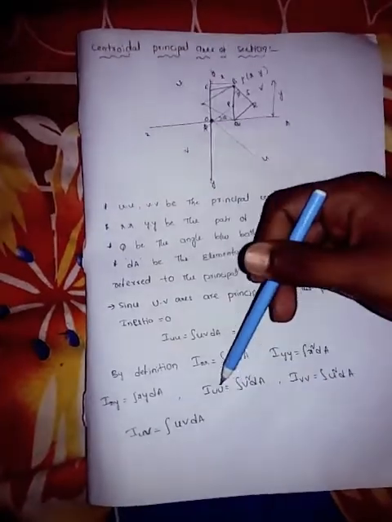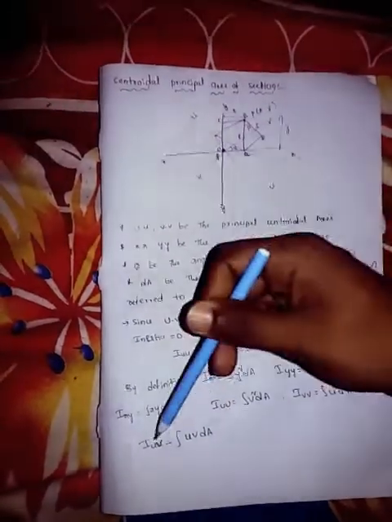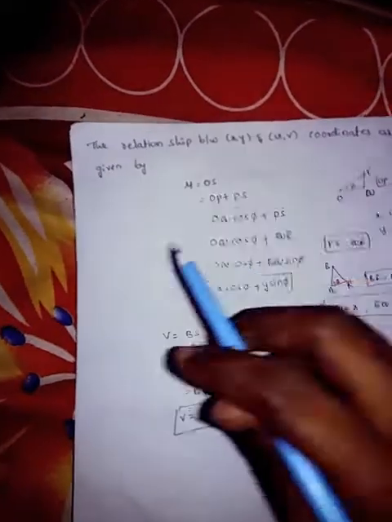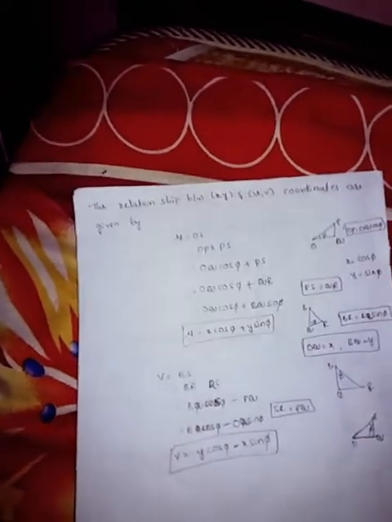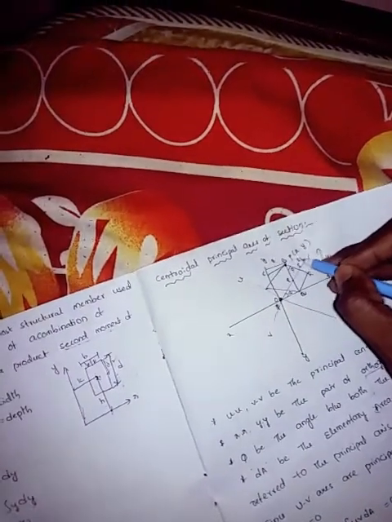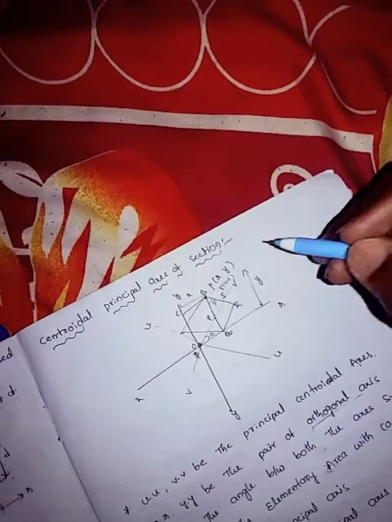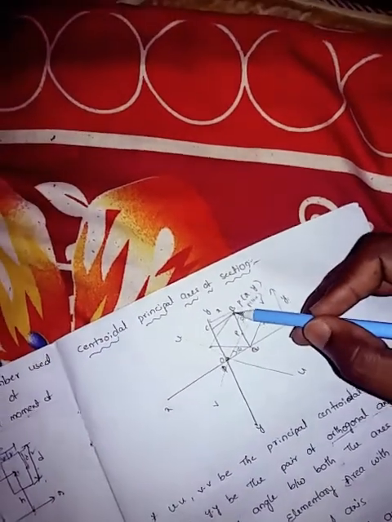We find out I of UU, I of VV, I of UV. Next, the relation between the XY and UV coordinates is given. Here the point P of XY, P of UV. Both relate to the same point.